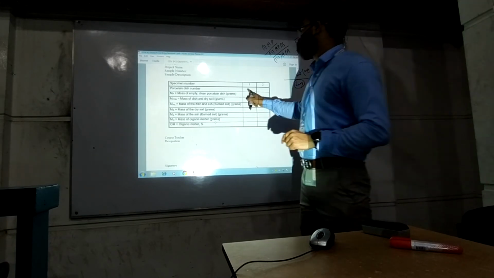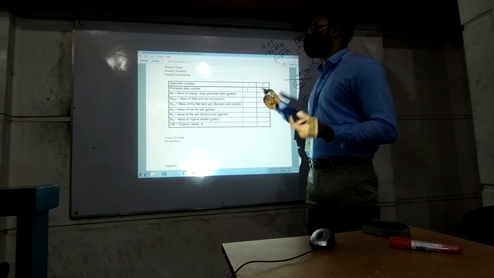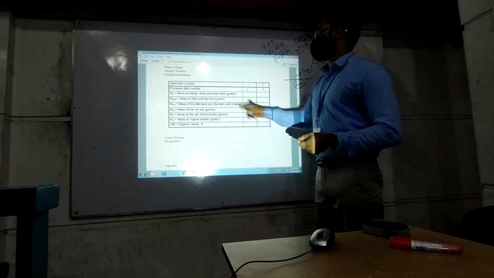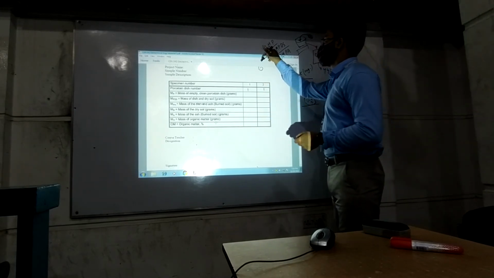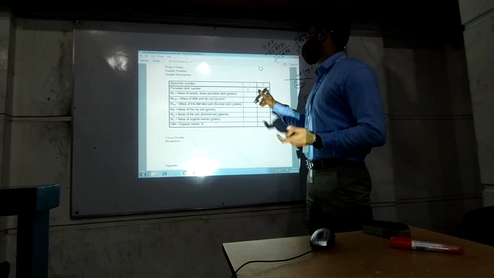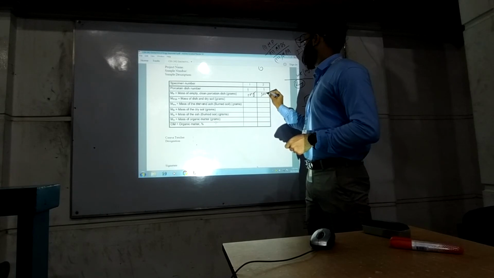Okay. So there we can see the porcelain dish number. That will be 1. We took only one dish. Mass of empty plain porcelain dish, so the first measurement MP. How much have you determined? 100 gram.